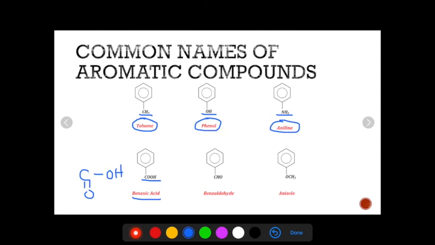We'll get more into that later in the semester. Benzaldehyde, again, that's going to look more like this, and the carbon is attached to the benzene ring, and then OCH3 is called anisole. So make sure you know the names of these common aromatic compounds here.